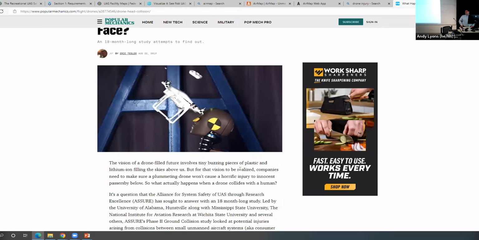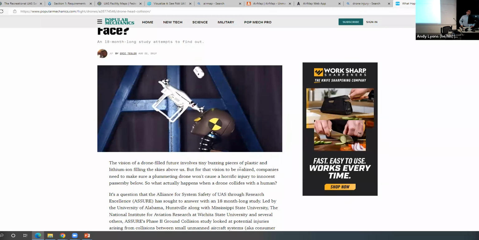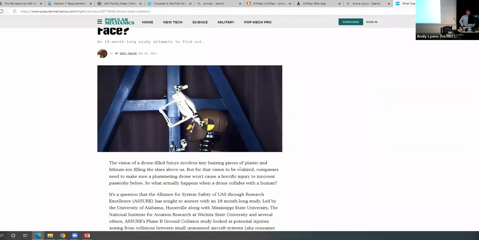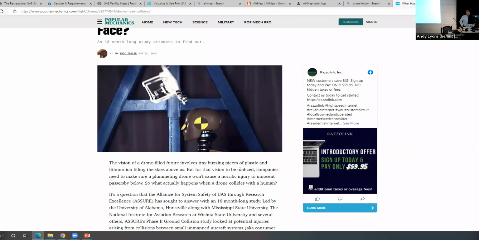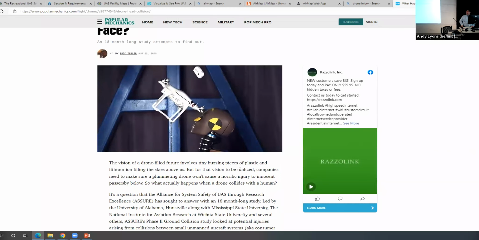So, how many of you think that a drone, or know that a drone, has actually caused the death of a person? Yep. The latest one happened about 15 years ago. It was a model RC helicopter, a fairly large one, although not as large as some of the ones that we saw yesterday.